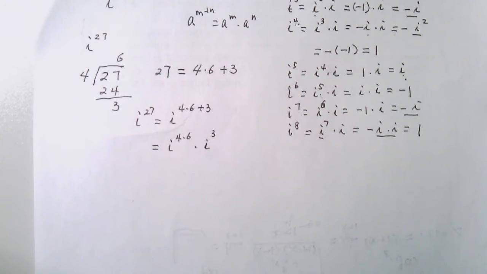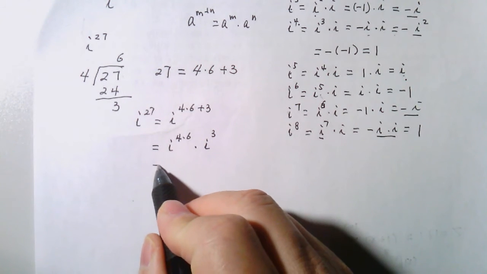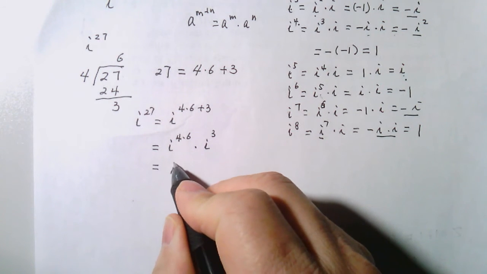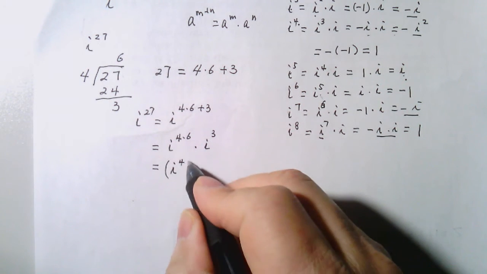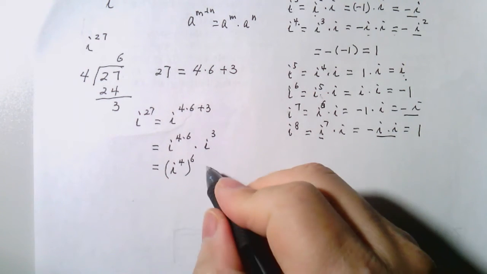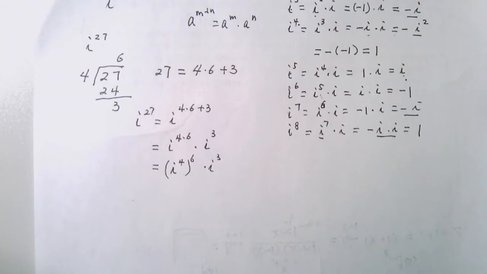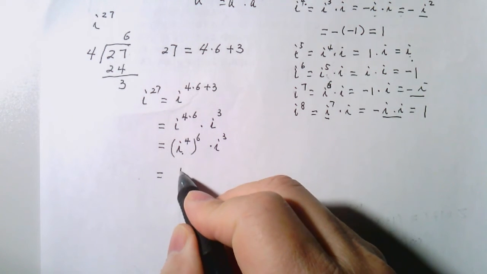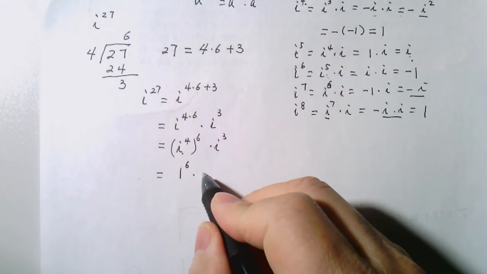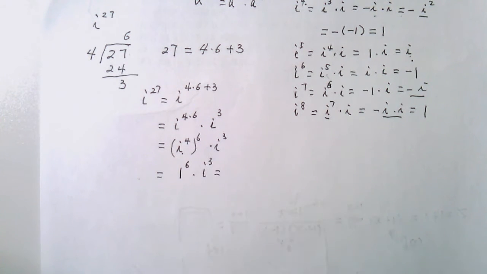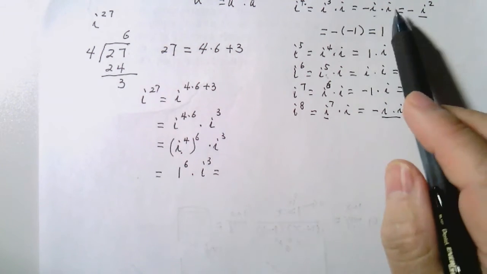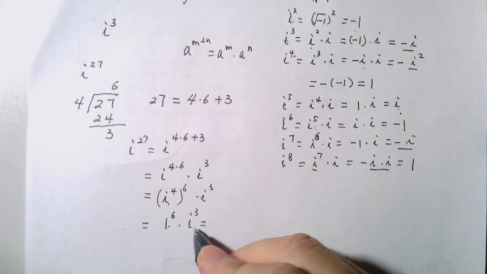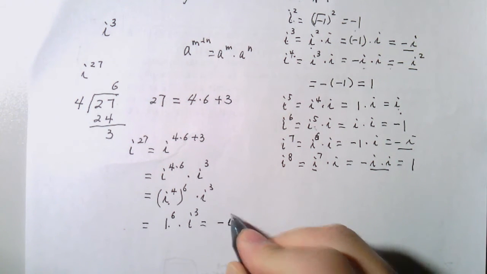According to the property of exponents, we can also write this as i to the fourth, raised to the sixth, times i to the third. Because i to the fourth we already know equals 1, that's 1 raised to 6 times i to the third. Now i to the third, according to what we did earlier, equals negative i. So 1 times negative i is negative i.